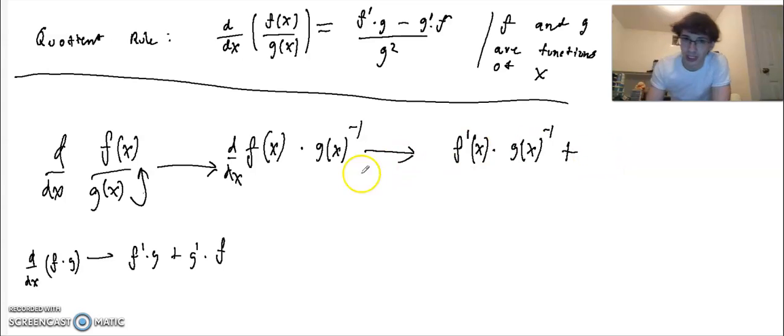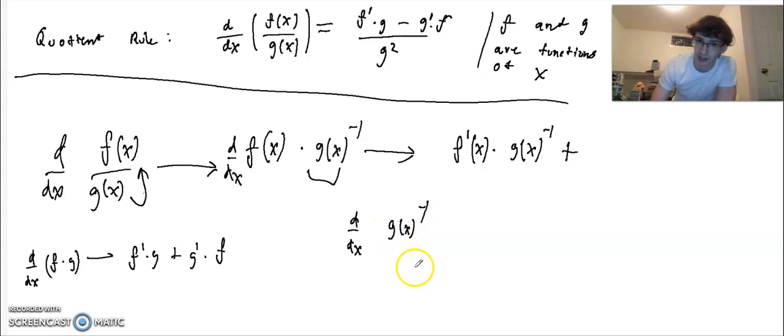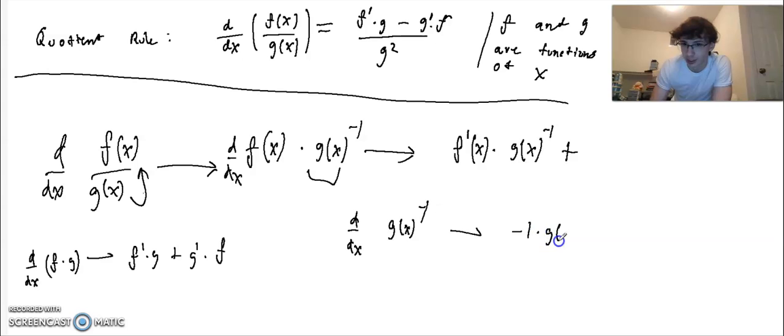Well, if we take the derivative of g of x to the negative 1 power, we can do the power rule, where we bring that out in front and we subtract 1. So let's do that. Negative 1 times g of x to the negative 2.